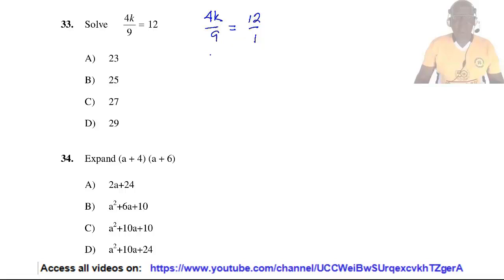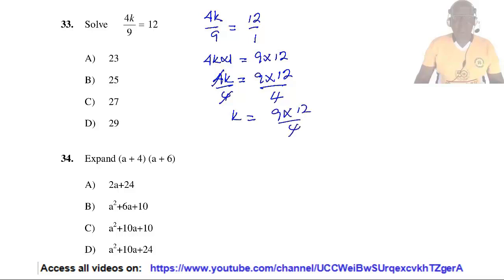That's 4K times 1 equals 9 times 12, or 4K equals 9 times 12. Now we shall divide through by 4. 4 cancels 4. So we shall be left with K equals 9 times 12 divided by 4. 4 goes into 4 once, 4 goes into 12 three times. So 3 times 9 is 27. So the answer is C.